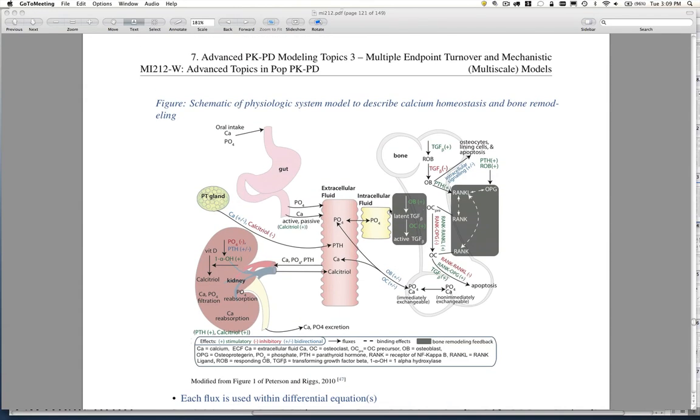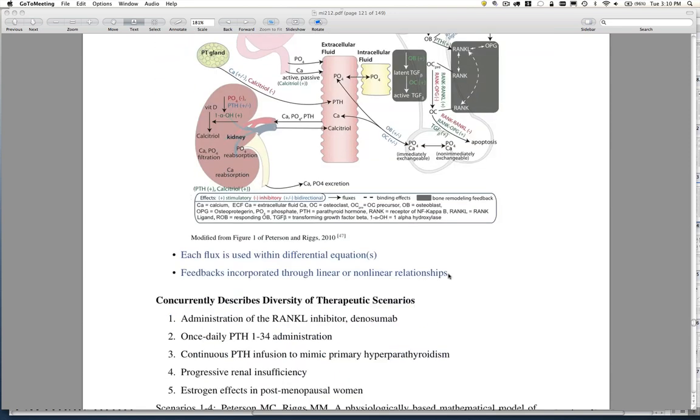Recall that there's a latent form within the bone of TGF beta that's actually formed as a function of osteoblasts, and then osteoclasts, as they resorb bone, end up converting this latent TGF beta into an active form. And so again, we've got a situation here where we've got a precursor pool feeding into a pool that then goes and feeds into determining the osteoblast and osteoclast function.